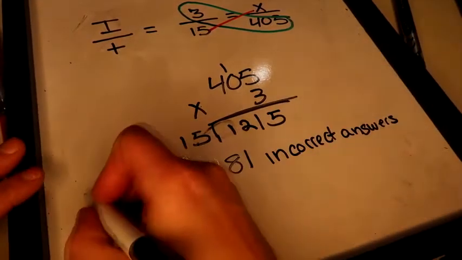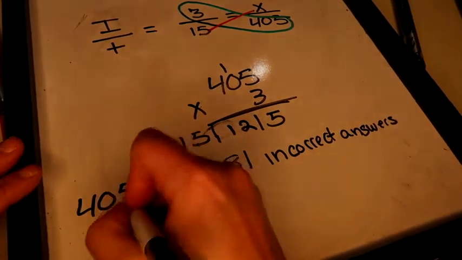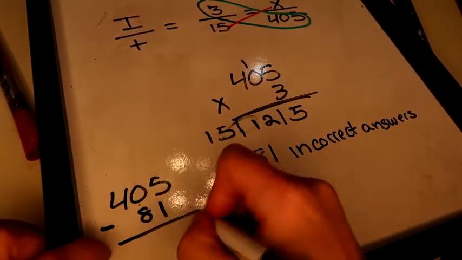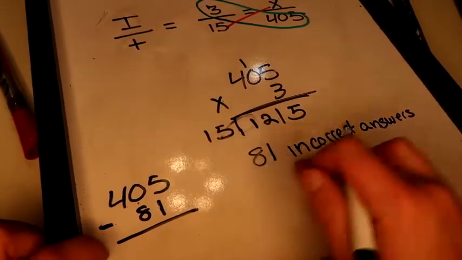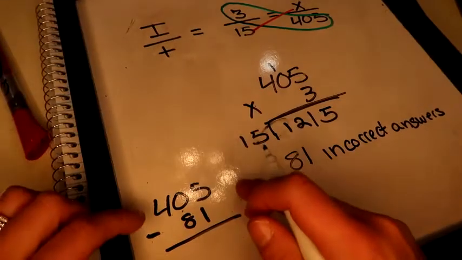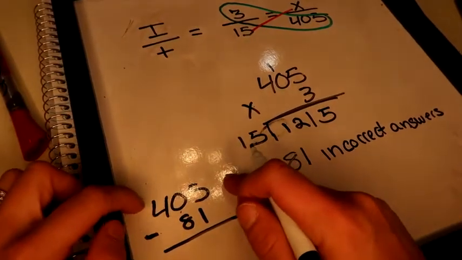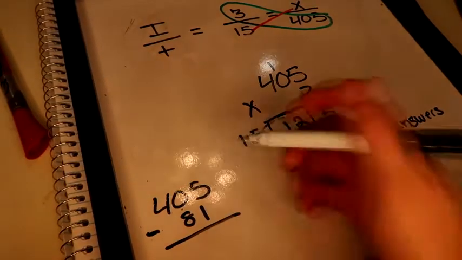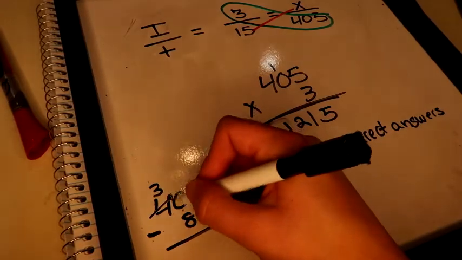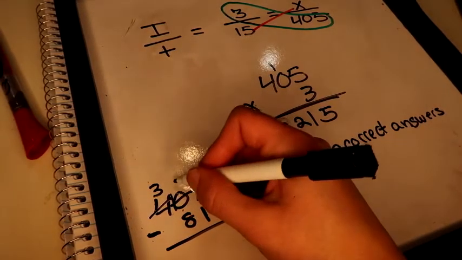But let's just say 405 questions total, subtract 81, because right now you're saying, wow, 81 questions wrong, that's a lot. But remember, he took a test of 405 questions. So I'm going to change the 4 into a 3, make this into a 10.